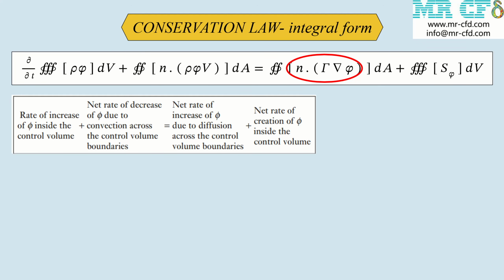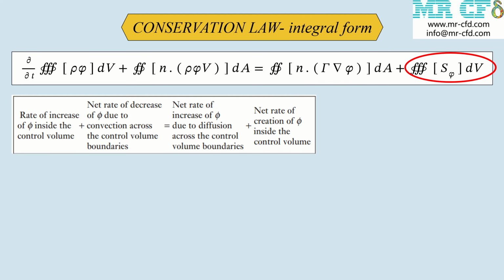Similarly, the product n · Γ∇φ, which is also equal to Γ (−n) · (−∇φ), can be interpreted as a positive diffusion flux in the direction of the inward normal vector −n into the fluid element. The first term on the right-hand side, the diffusive term, is thus associated with a flux into the element and represents the net rate of increase of fluid property phi of the fluid element due to diffusion.